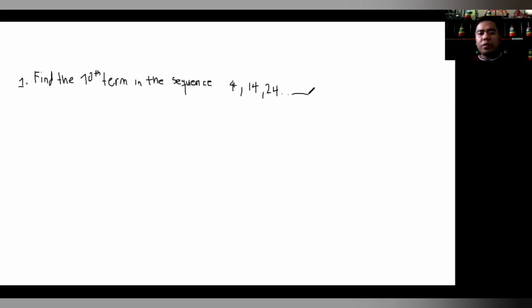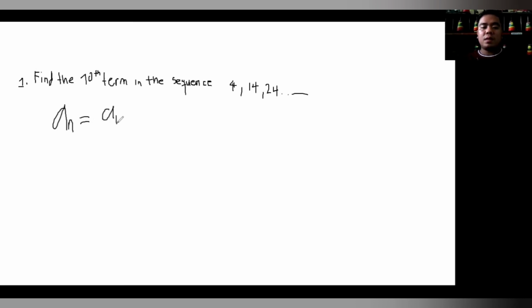Although it is easy to find by listing 4, 14, 24, 34, if the given term is far along, it becomes difficult. So, in finding a term in an arithmetic sequence, you need this formula: a sub n is equal to a sub 1 plus quantity n minus 1 times d.